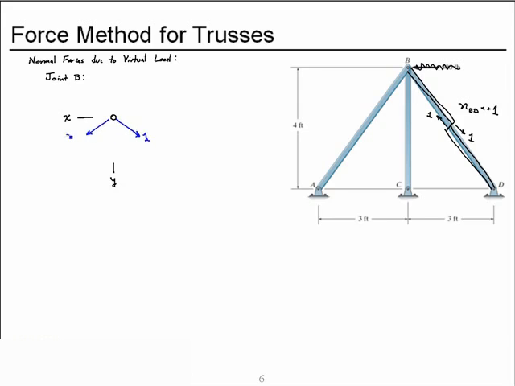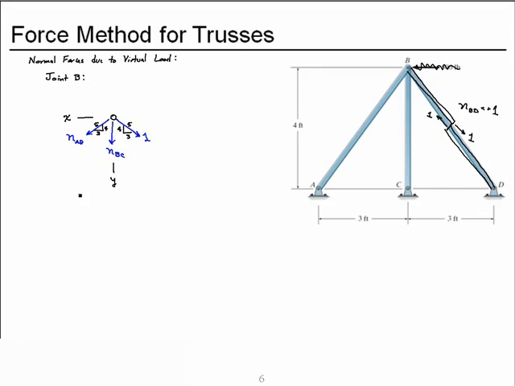We have an unknown normal force in member AB and an unknown normal force in member BC, and we know the geometry of the problem is 3, 4, 5 for the two diagonal members.